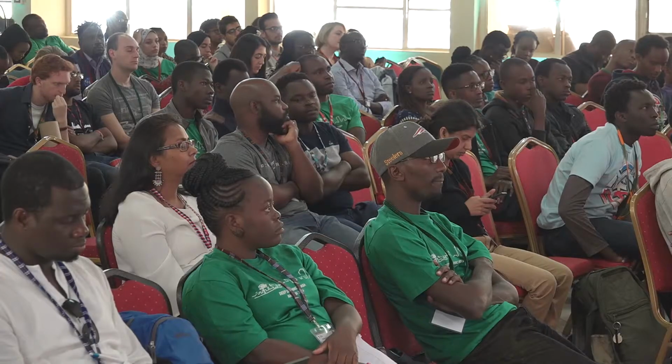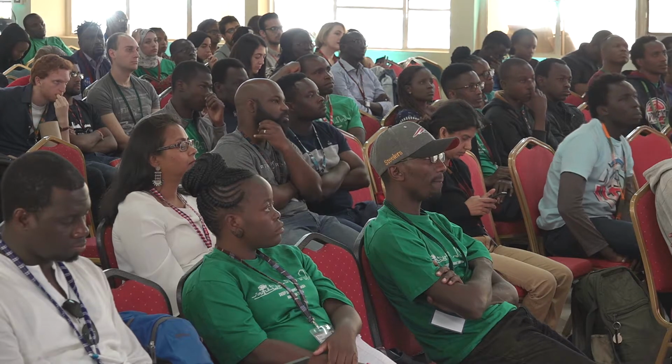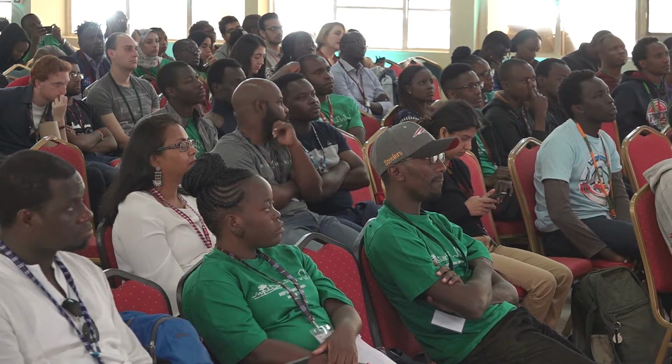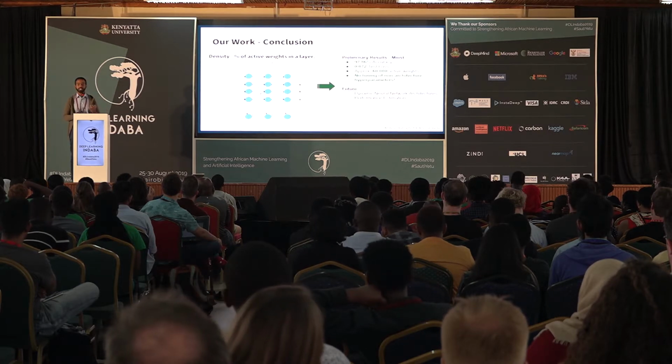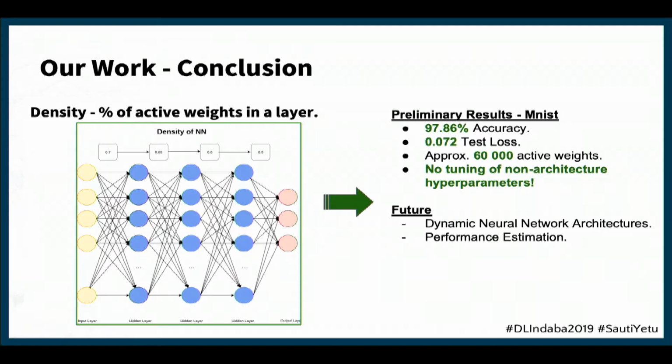This led us to believe that what's more important is your number of weights, which relate to the capacity of a neural network. And this led to our work on learning sparse neural network architectures. We have a parameter called density, which is the percentage of active weights in a hidden layer.